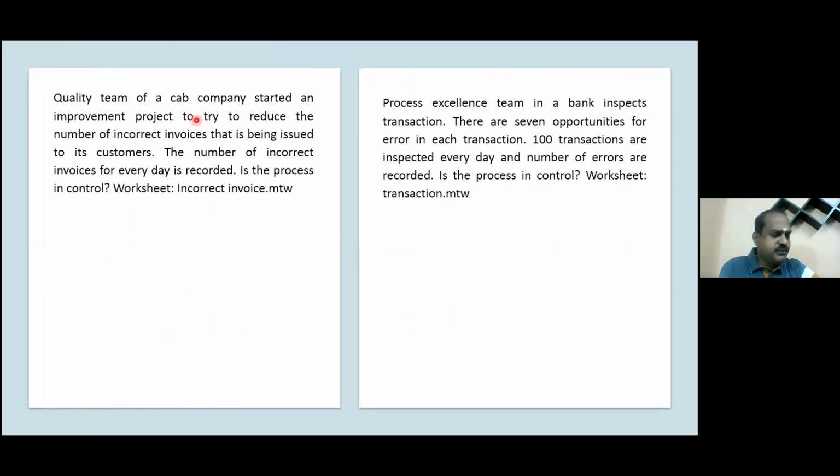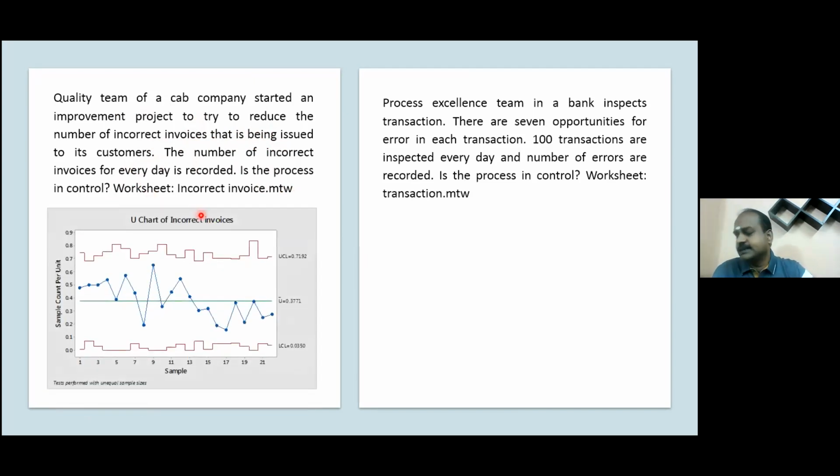And one more example. A quality team of a cab company started an improvement project to try to reduce the number of incorrect invoices being issued to its customers. The number of incorrect invoices for every day is recorded. Is the process in control? See here, the number of invoices.